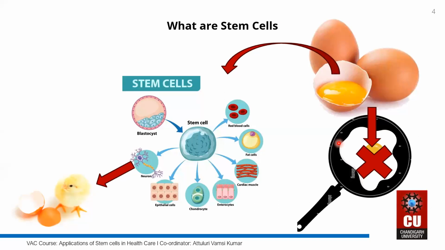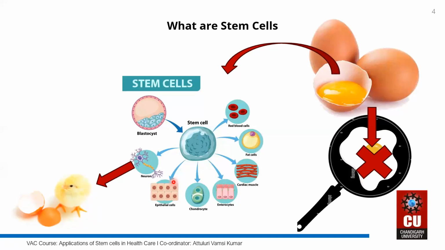That first formed cell is a stem cell. The cell that is formed initially once the sperm and ovum have united is a stem cell. Now this stem cell will be converted to many types of cells, right? So that zygote or blastocyst will be converted to various types of cells in the body. That is the idea of stem cells.